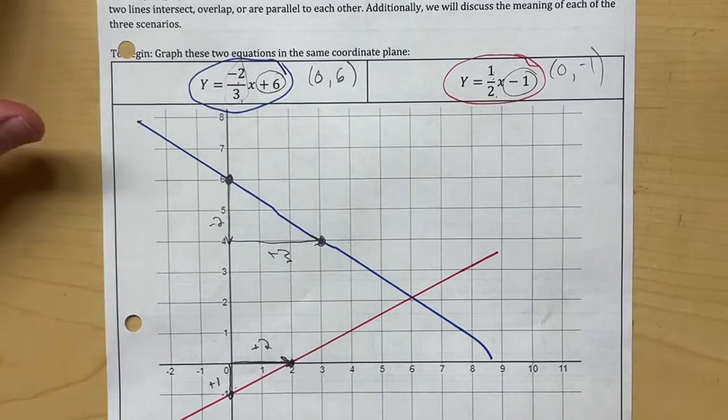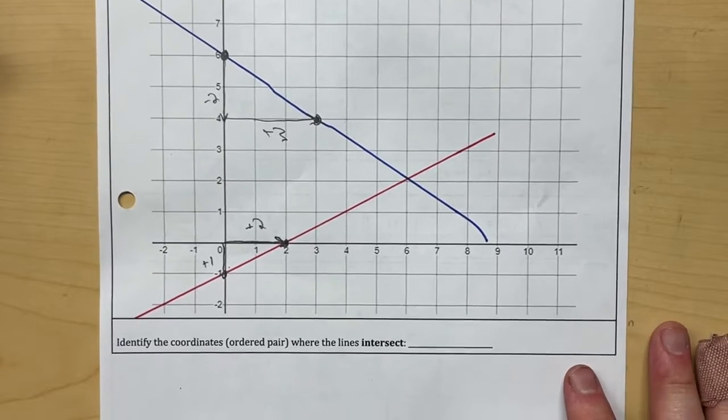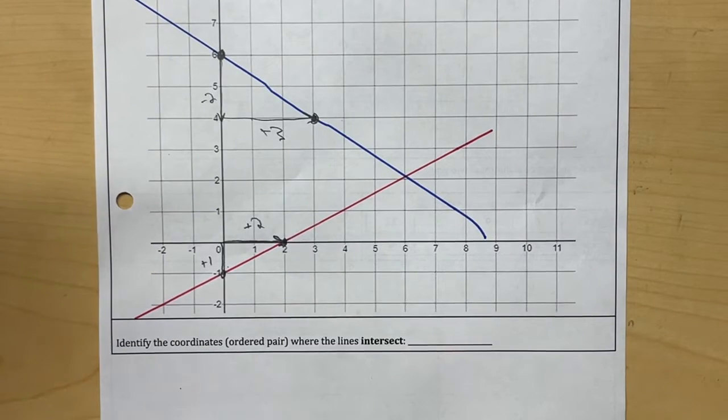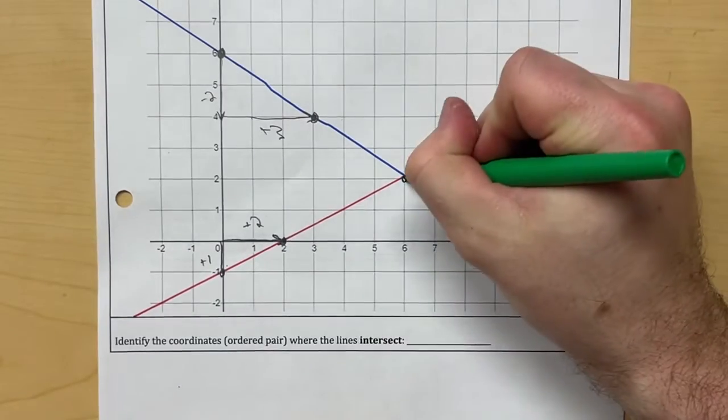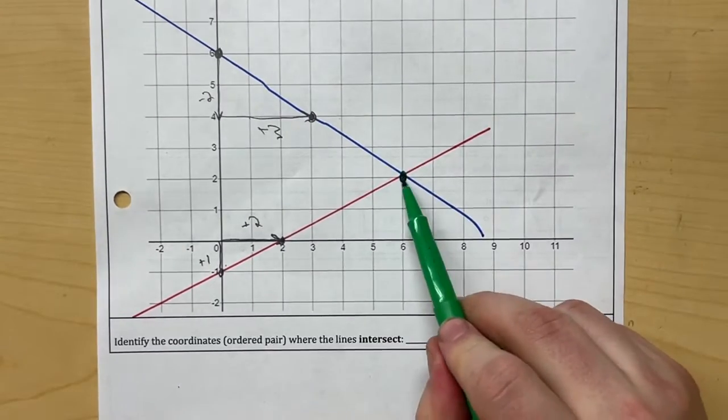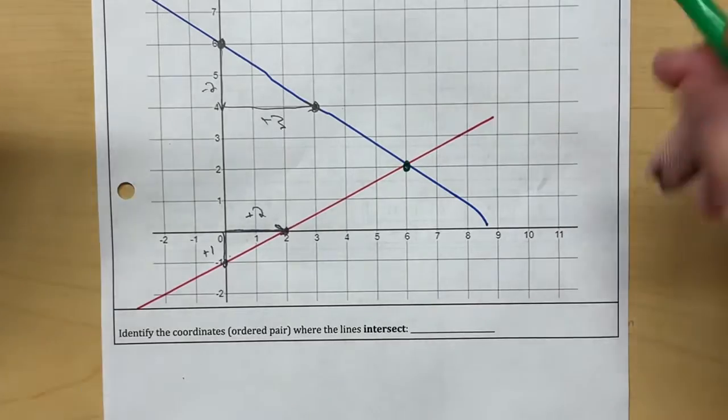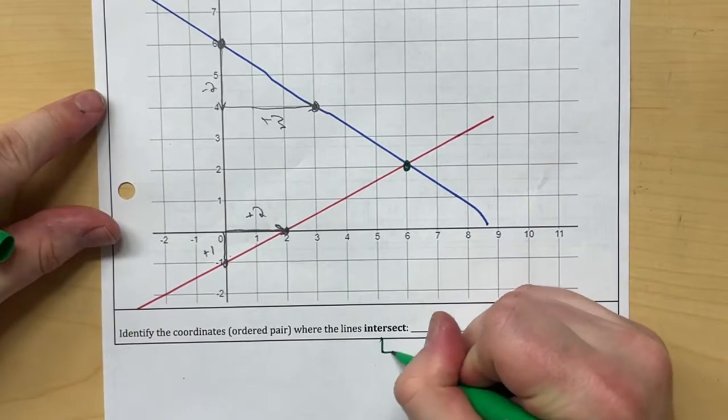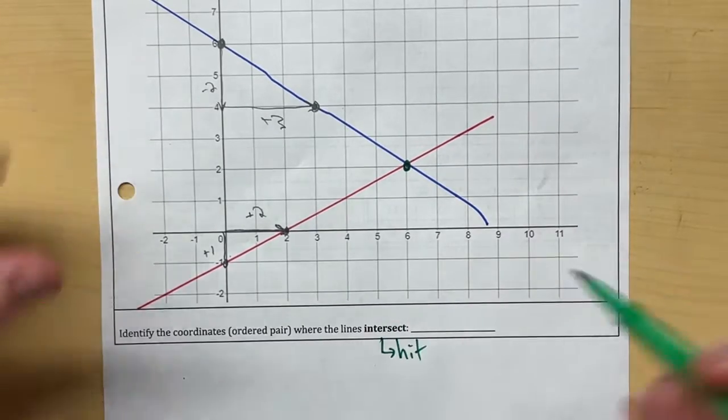But more importantly, what do you notice about those coordinates, meaning that ordered pair? Where do they hit, meaning at what point do they intersect? We can say, right at this point right here, they cross over or intersect. So again, this is where they hit or intersect.